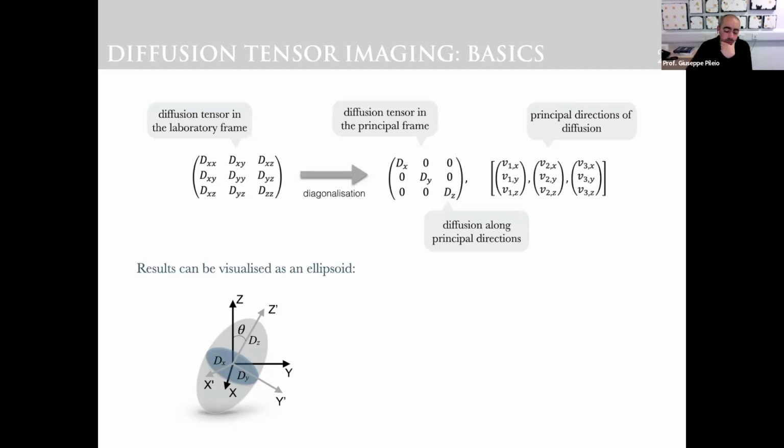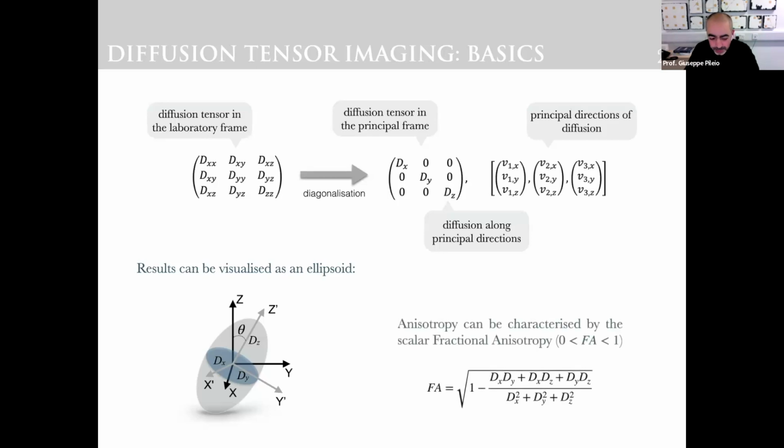If you want, you can also convey this information in one single number. That number is usually called fractional anisotropy. It's very much used in MRI. And that number goes from 0 if the diffusion tensor is spherical to 1 if it's highly anisotropic.